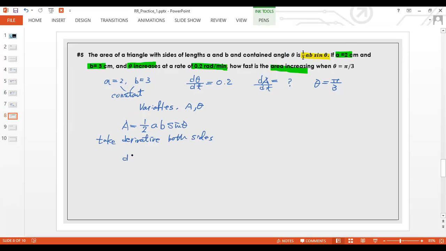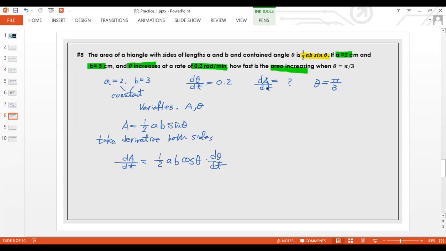So I will have dA/dt equal to 1/2 AB, because A and B are constant. Now, what is the derivative of sine? The derivative of sine is cosine theta, then don't forget the d theta/dt.